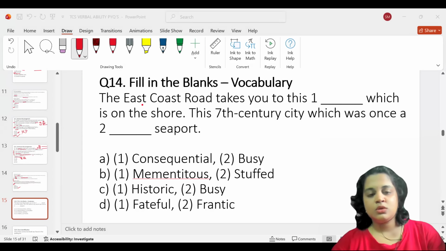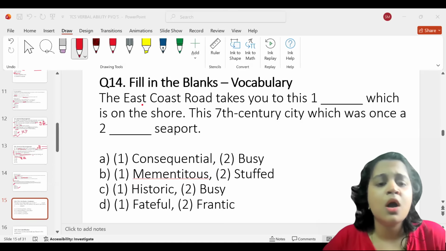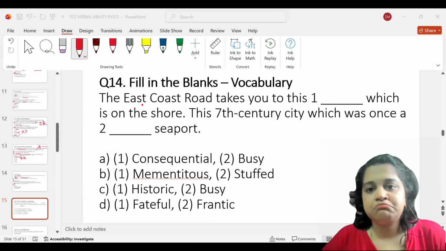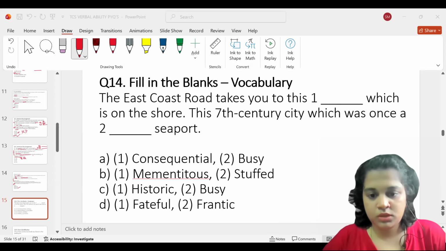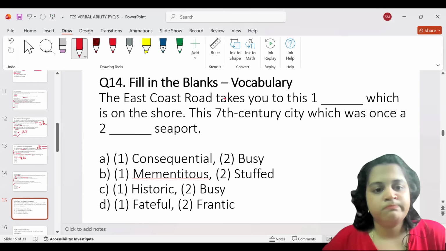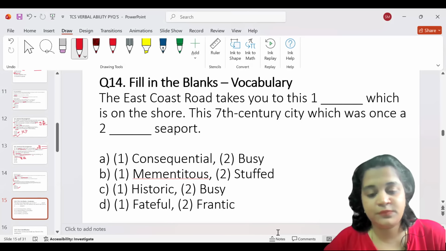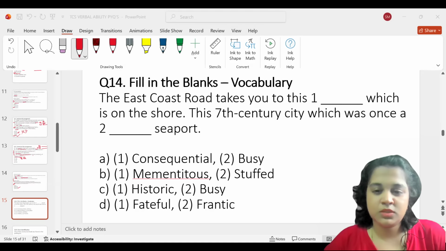From these provided options, we will have to choose one. Let us try to quickly solve this. The East Coast Road takes you to this momentous or historic. It's not fateful, obviously. But it could be momentous or historic.